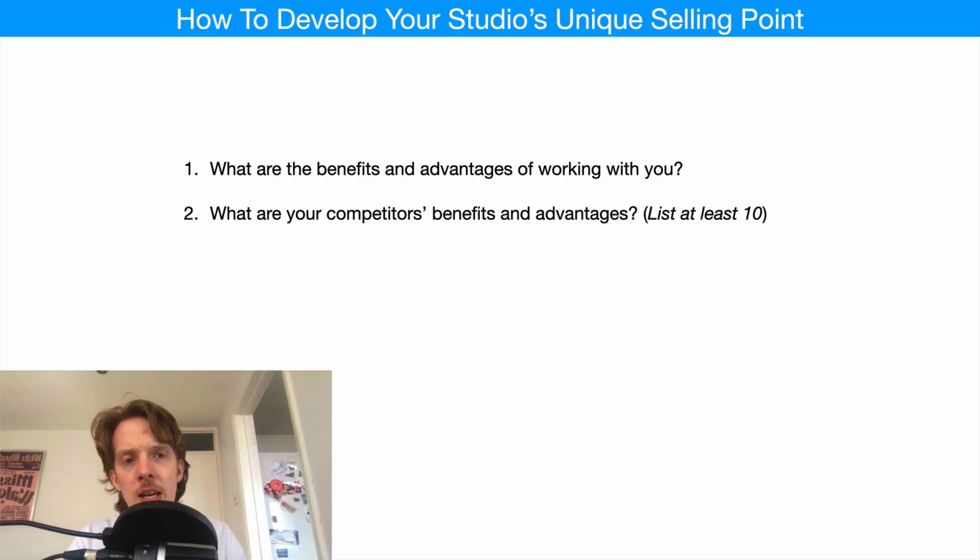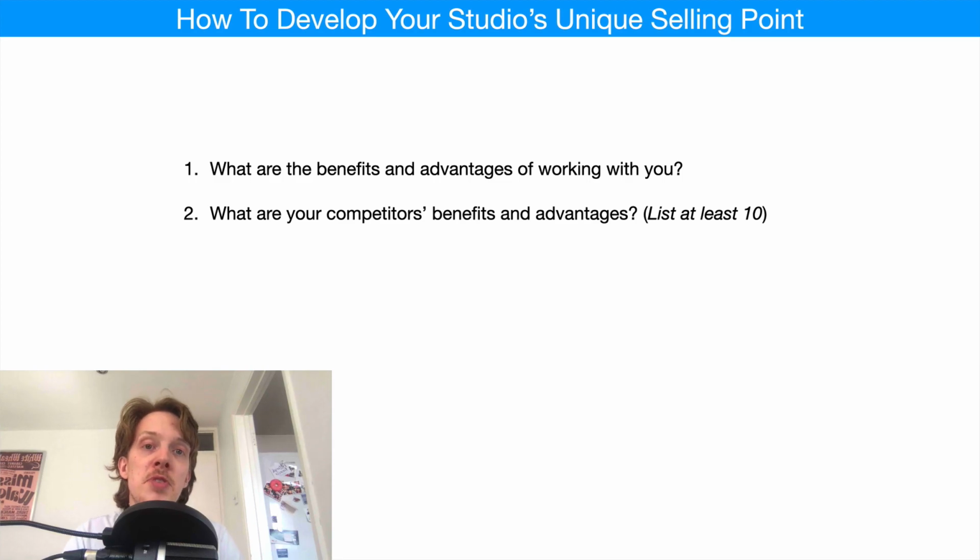This point in the exercise is really good, because now you will start to learn what other studios are offering, and you will sometimes see their USP clearly. For example, in my research, when I did this exercise, some studios were offering unlimited revisions.